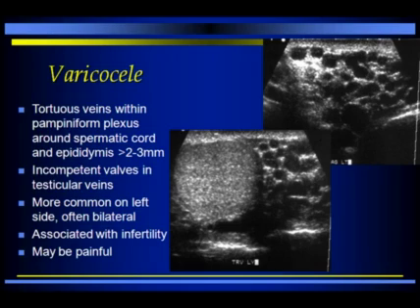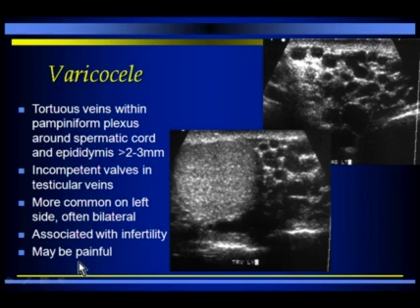But in any event, the major significance of these is that they're thought to be associated with male infertility, and the reasoning is because the presence of a varicocele heats up the scrotum. There's more blood flow in the scrotum, there's more body heat in the scrotum, and spermatogenesis requires a lower temperature to be successful. And so with the higher temperature associated with varicoceles, you may have a problem with spermatogenesis.